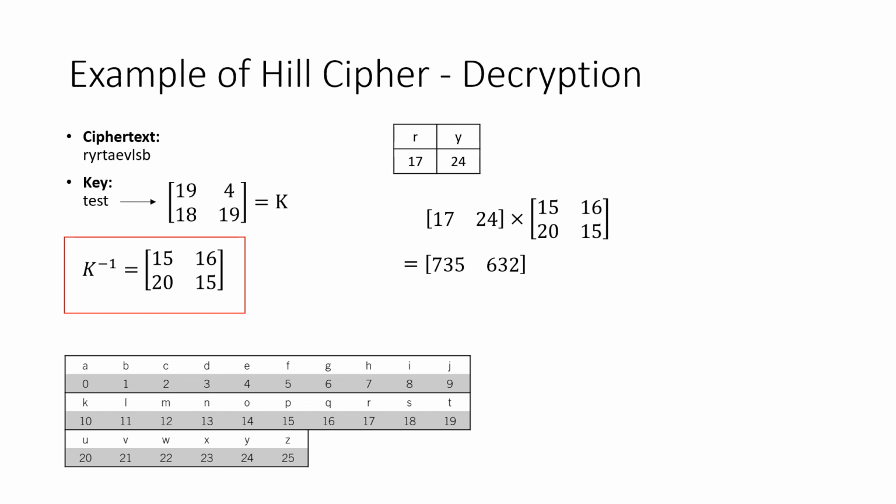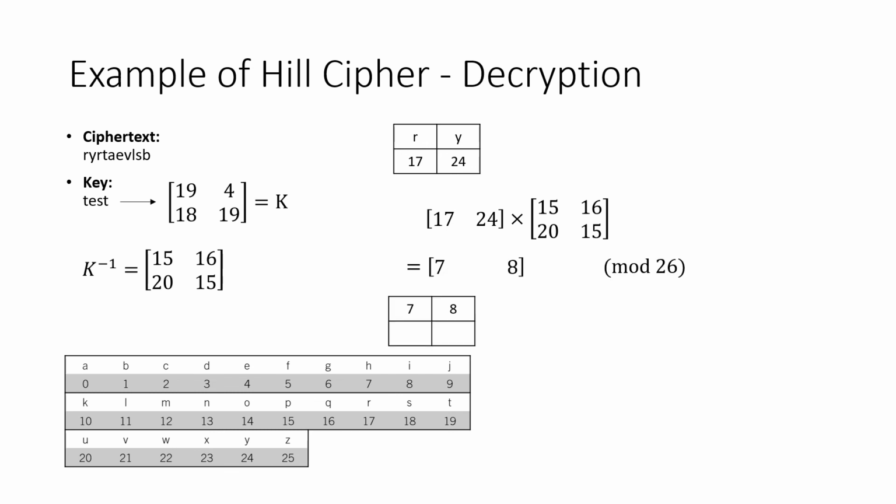So if you need to take your time, by all means, please pause the video, convince yourself that these are the correct values, and then we are interested in these values mod 26. And we get numbers 7 and 8, which is not that surprising. We can see numbers 7 and 8 using our mapping table. They correspond to letters H and I respectively.